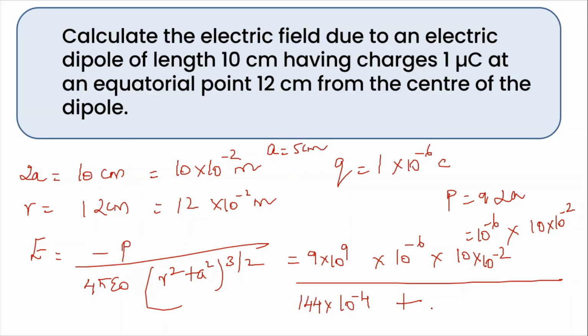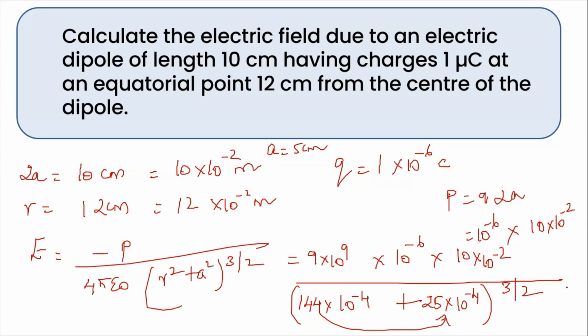What will be the square of that? It will be 25 into 10 power minus 4, the whole power 3 by 2. Now please add these two.